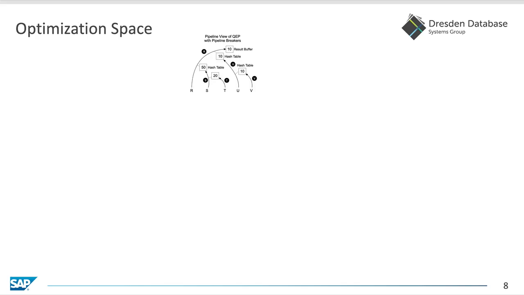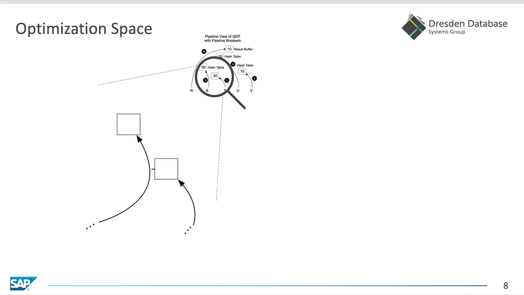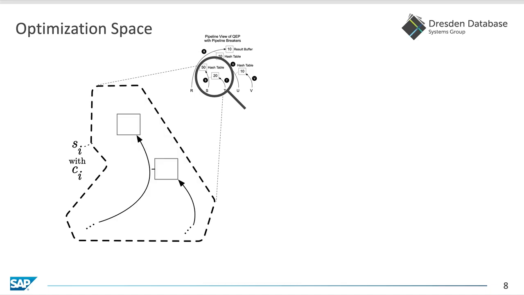So let's look into the optimization space for the given example. If we now look at a particular subtree, in this example being ST, we call the subtree Si with Ci in this example. This pipeline has a pipeline breaker, and the pipeline breaker Bi has a tuple size Wi and the cardinality Fi.